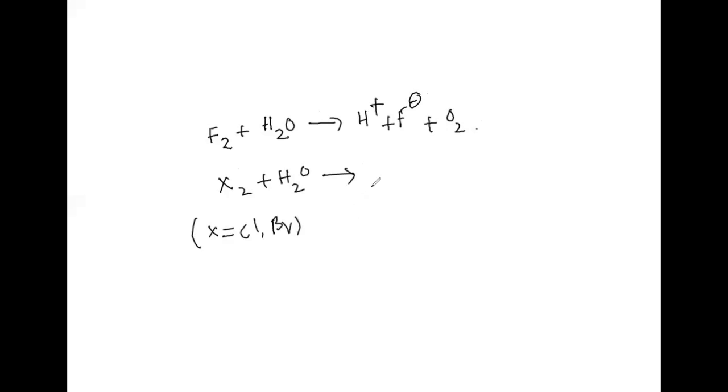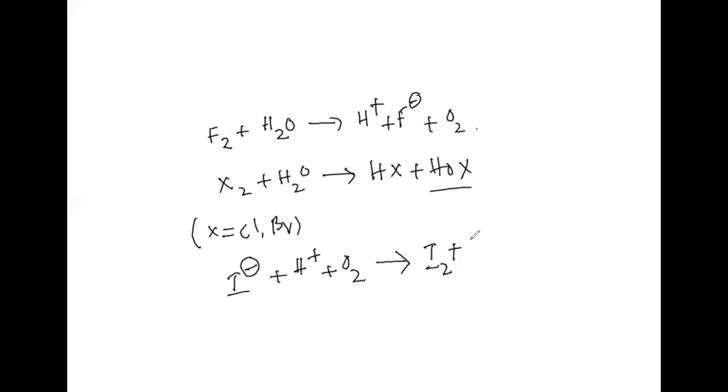It gives HX and HOX. What is the name of this HOX? Hypohalous acid. And even with iodine, we can take I minus plus H plus O2 gives rise to I2 plus H2O.